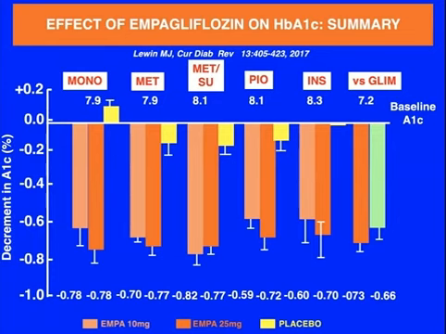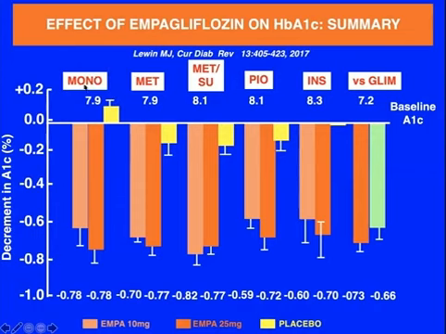Now, the next series of slides are all very similar, so I'm just going to take you through the coding so you understand. The light orange is empagliflozin 10 milligram tablet. The dark orange is empagliflozin 25 milligram, and the placebo is in yellow.